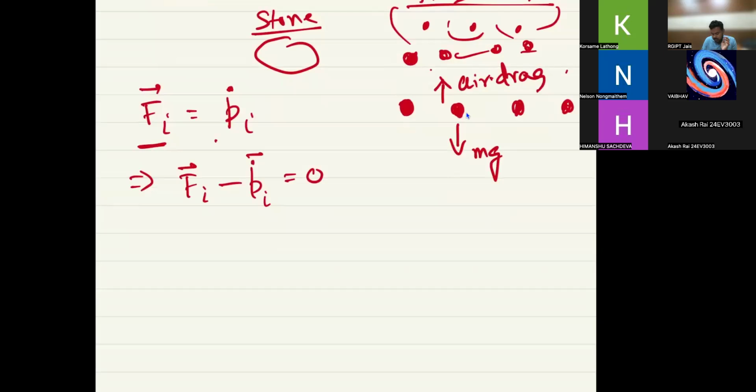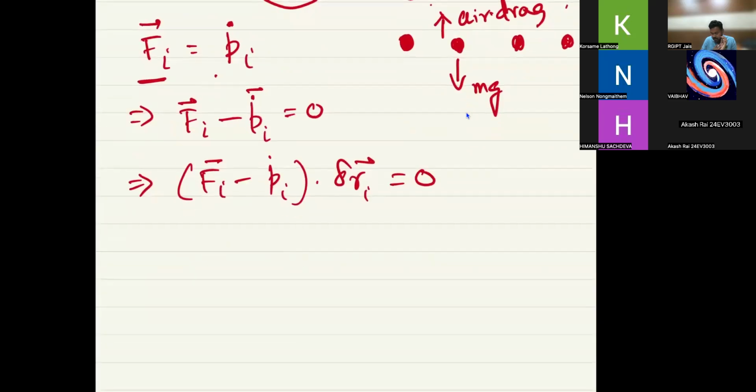Now if you multiply this by delta Ri, what will we get? If you multiply Fi minus Pi dot with delta Ri, this is still 0.